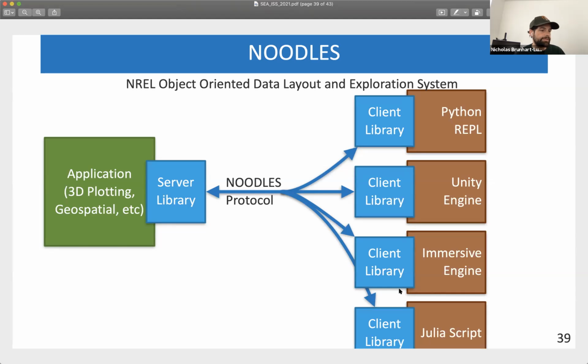We think this will enable folks to write their own visualizations or have our team write some for them. And any tool that can talk this protocol can join in. That means we can have Python clients, Unity clients, immersive graphics engines, scripts, web clients, whatever. If you talk this protocol, you can join in the collaboration.